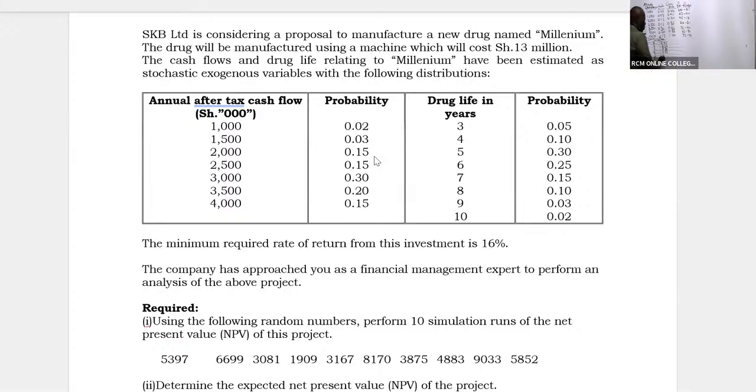Copy my figures at your own risk. 0.15. After that, I can see 0.10, after that 0.03, and then 0.02.